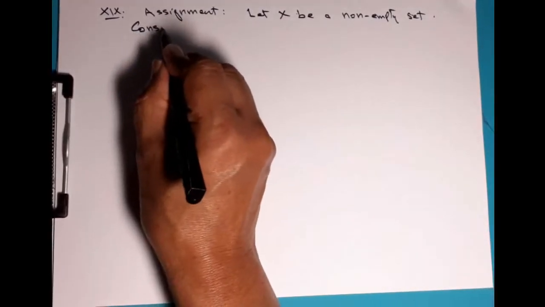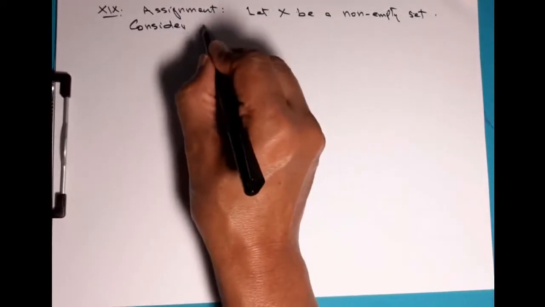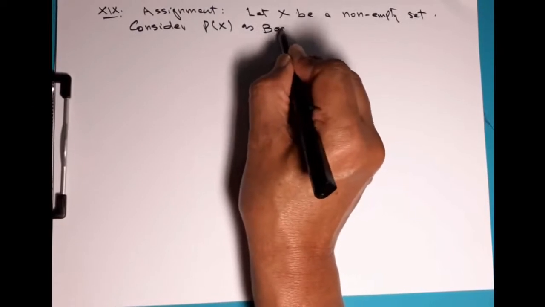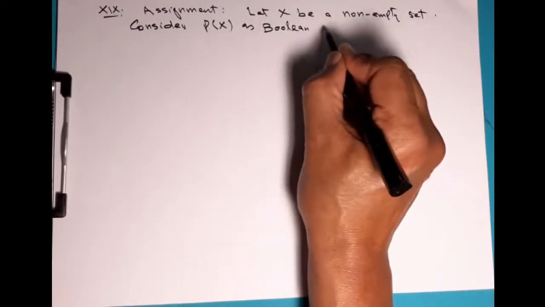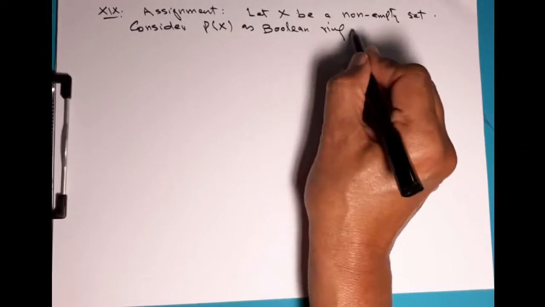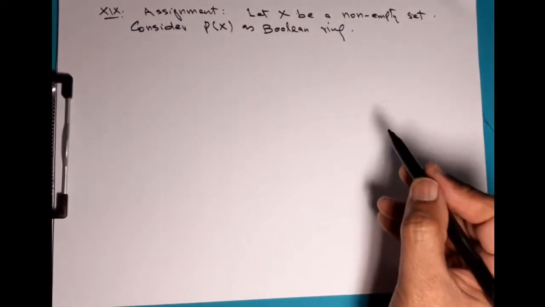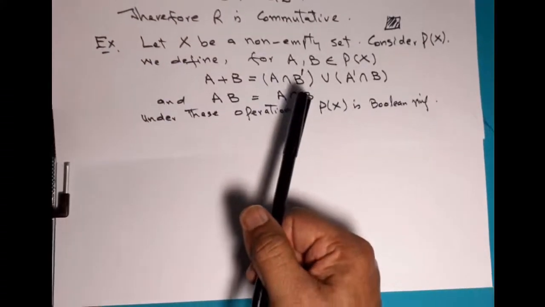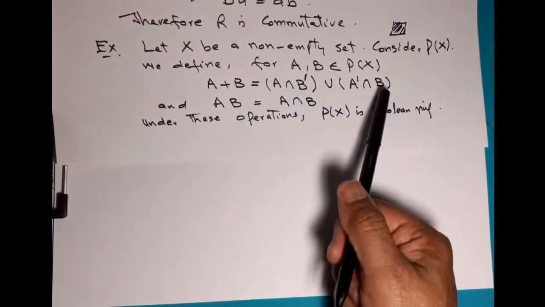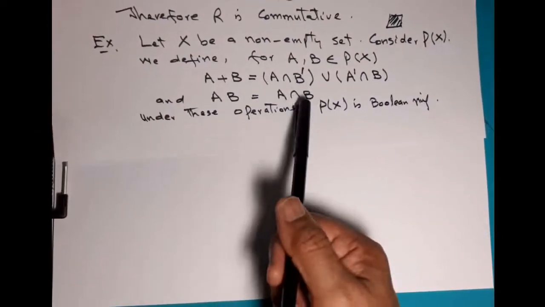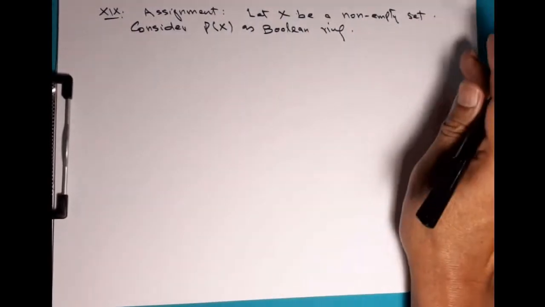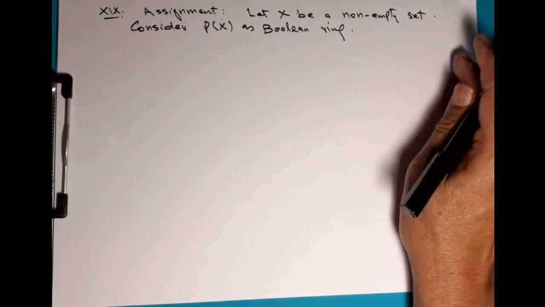Consider P(X) as a Boolean ring, with the operations I have just told you, that is A plus B is equal to A intersection B complement union A complement intersection B, and A multiplied with B is A intersection B. So with these operations, P(X) becomes a Boolean ring. You can check it by yourself. It is not very lengthy, but you can do it easily.